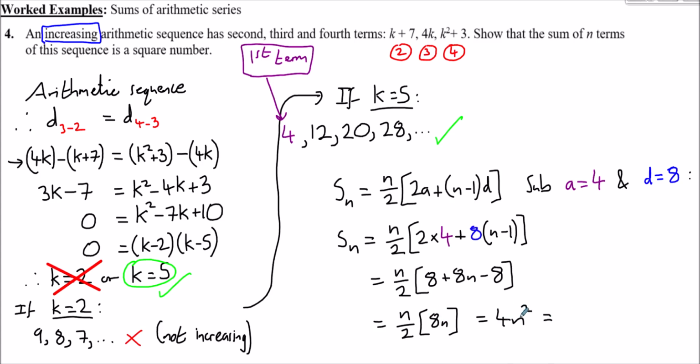And 4n squared, that's 2n all squared. So because n is an integer, 2n is an integer, and this whole thing squared is therefore a square number. So therefore Sn is a square number. It's basically 2n squared.